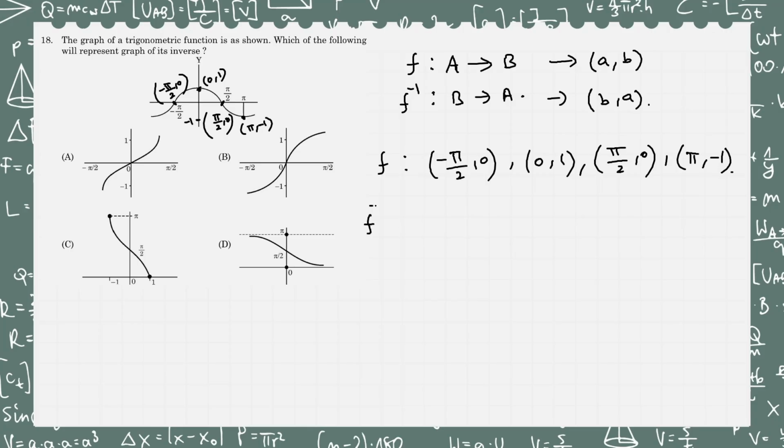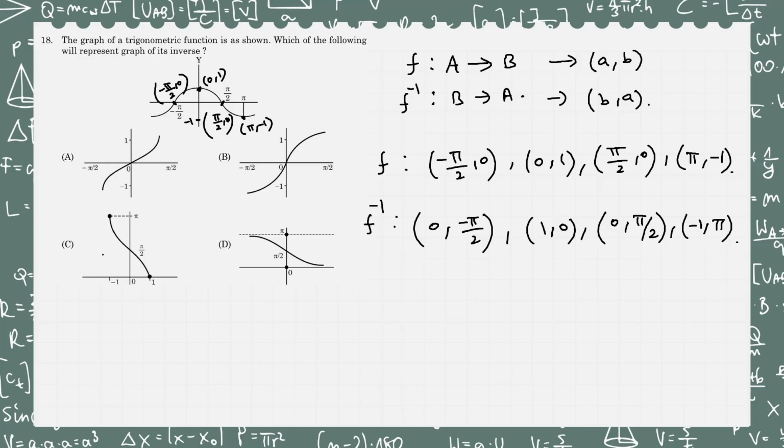So what are the points in f inverse's graph? Just reverse the coordinates of the ordered pairs. So 0 comma negative pi by 2, 1 comma 0, 0 comma pi by 2, and minus 1 comma pi. Keeping this in mind, you have to check all the 4 graphs given to you and pick which one has exactly these 4 points.